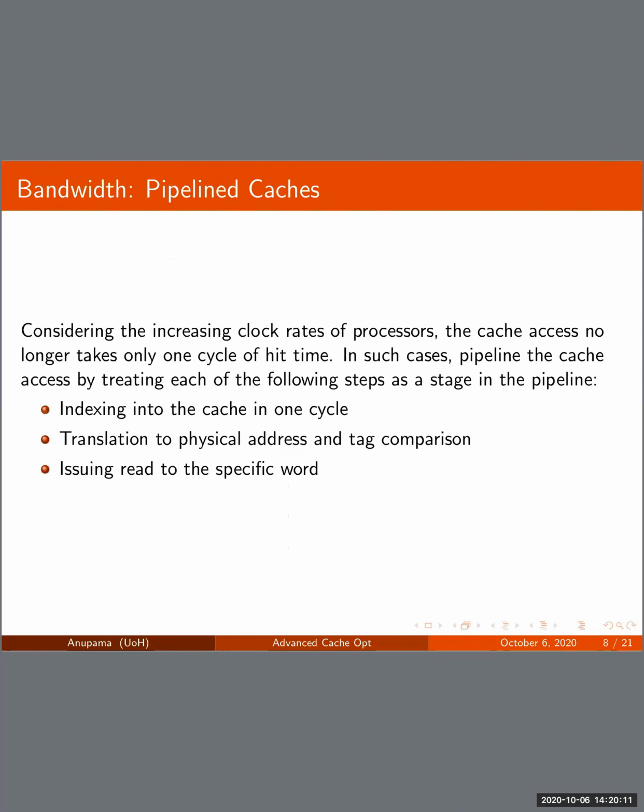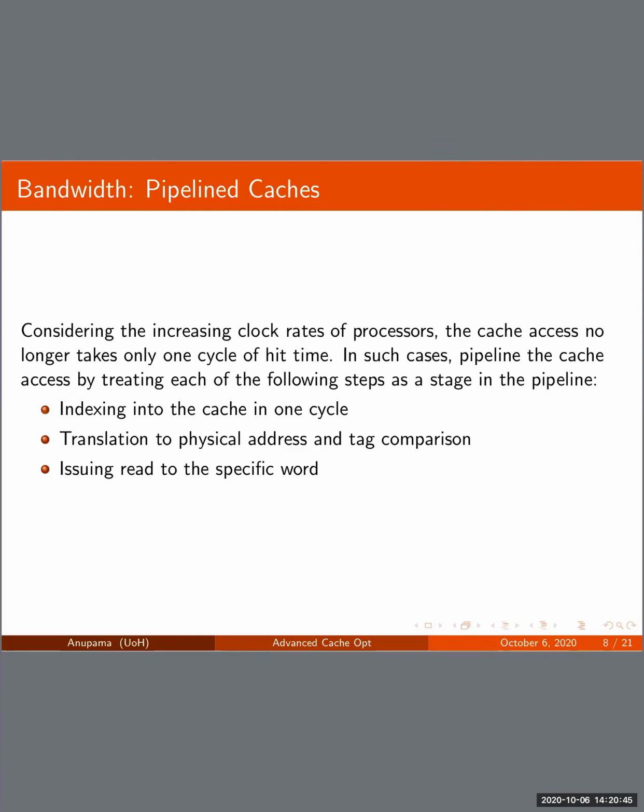So, pipeline caches. This was the question which was asked, that it's not clear. Now, let's go back again to the question I asked in the last class. What are the steps in the cache lookup? You index into the cache. If you are using virtual indexing, physical tagging, you can do indexing into the cache while doing translation from virtual to physical address of the tag.